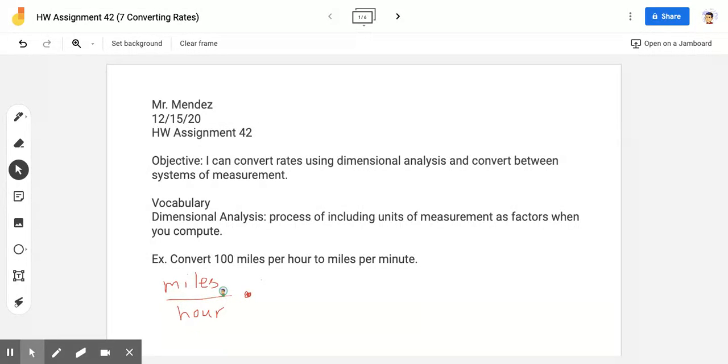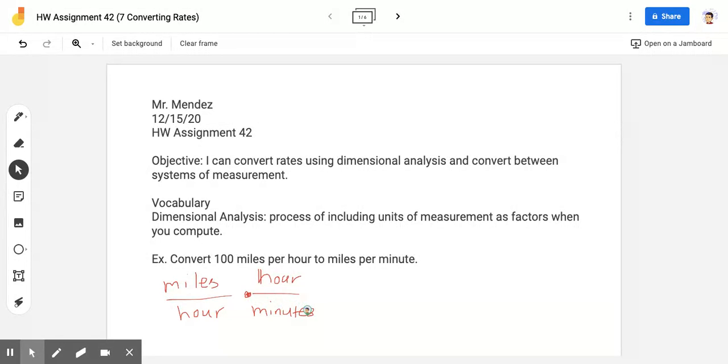So to make it minutes, I would multiply these units by, well, I know that there are a certain amount of hours in a certain number of minutes. And then here's what's going to happen.